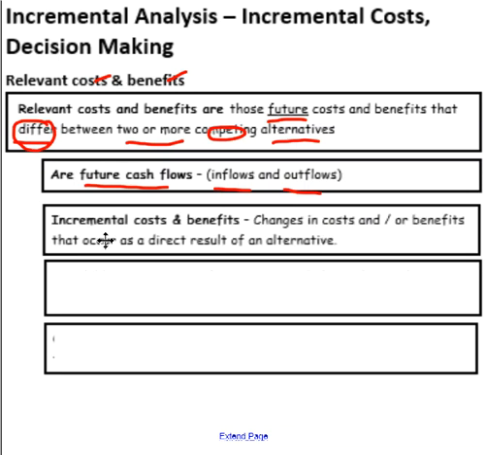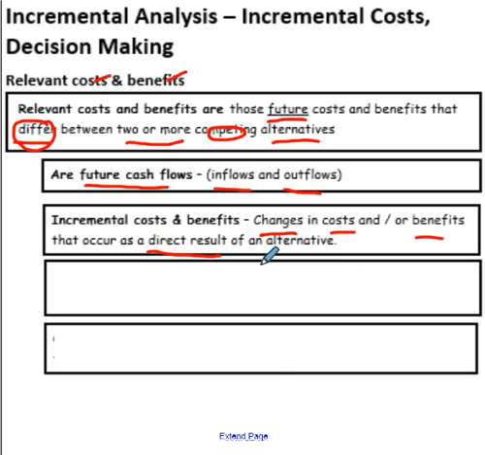Also, relevant costs are incremental costs and benefits, meaning that they are composed of changes in costs or benefits that occur as a direct result of an alternative being taken. So an incremental cost or benefit is a change, plus or minus, in cost or benefits that will occur when I take a particular alternative.